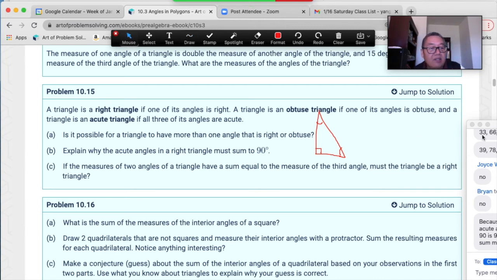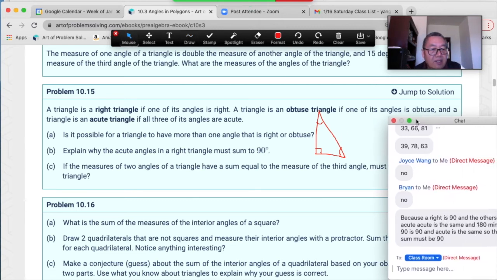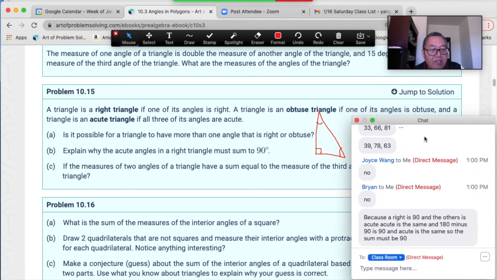Okay, now let's see. Brian said because a right angle is 90 and the other two are acute, and 180 minus 90 is 90. Yeah, that's correct.